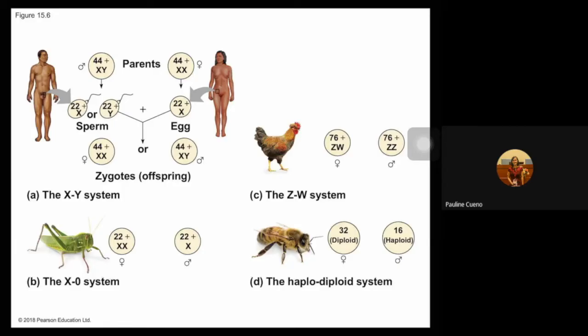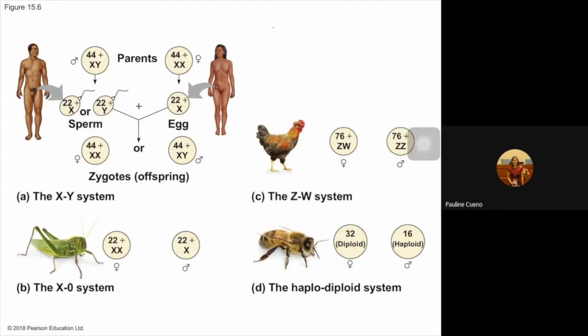So there is XX, XY, X0, ZW, ZZ, or diploid or haploid. For humans, we have 46 chromosomes, 23 pairs. If you recall from bio, of the 23 pairs, 22 pairs are autosomes, or what we call the body cells. And then the last pair of chromosomes for humans would be the sex chromosomes.